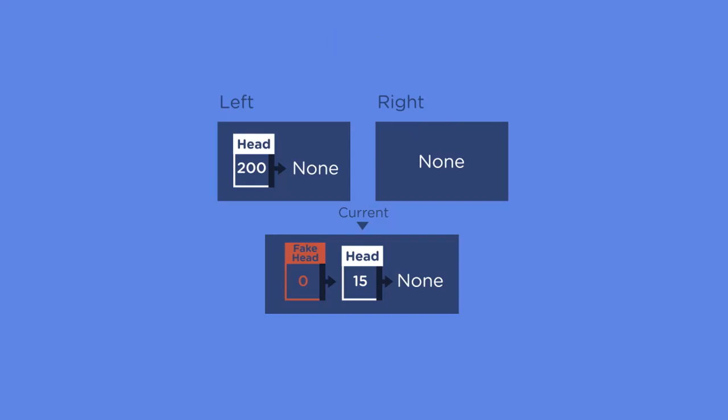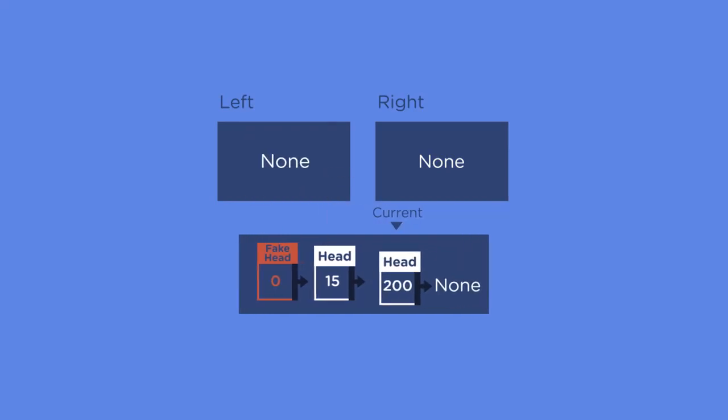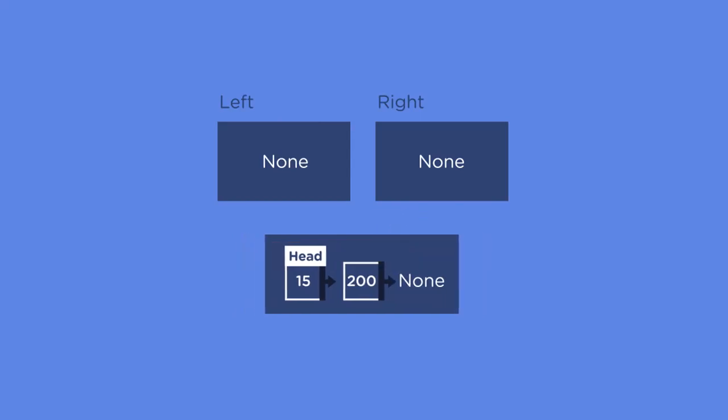On the next iteration, right head now points to none, since that was a single node list, and we can assign the rest of the left linked list, which is effectively the single node, over to the merge linked list. Here, we discard the fake head, move the next node up to be the correct head, and return the newly merged sorted linked list.